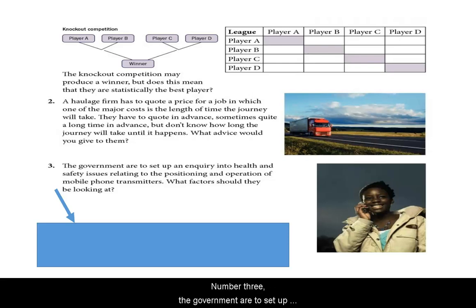Number three, the government are to set up an inquiry into health and safety issues relating to the positioning and operation of mobile phone transmitters. What factors should they be looking at?